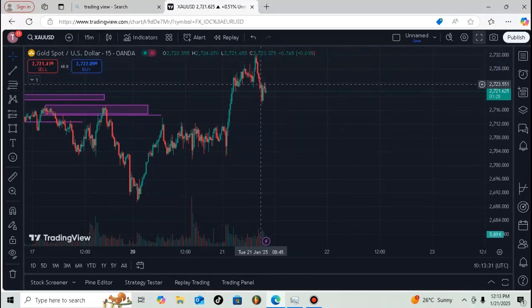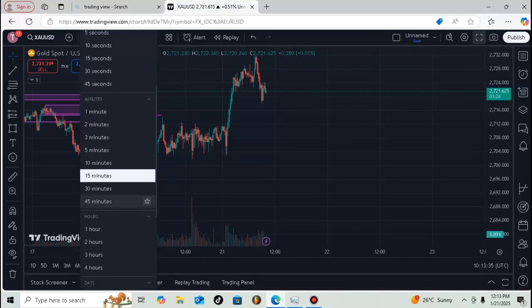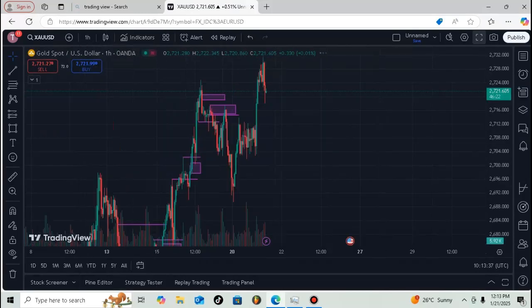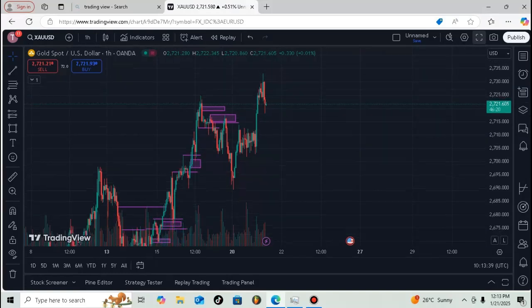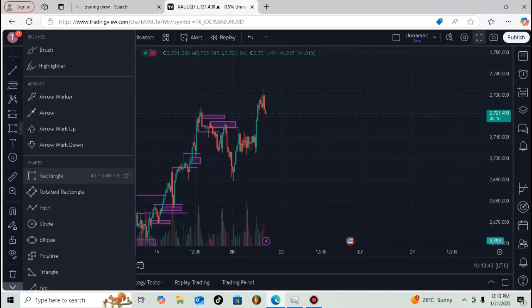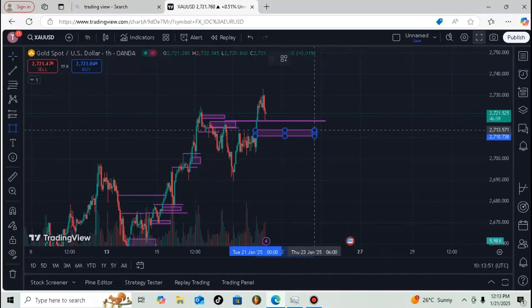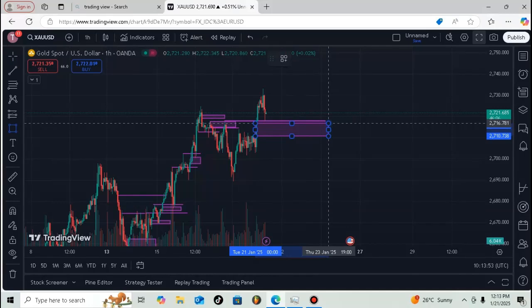And now we're here in gold. We switch to the H1. Me and my team are currently in this trade already, trying to look for it to go up. But at first we're expecting it to come into that mitigation block, come back into that fair value gap, then continue the trade.